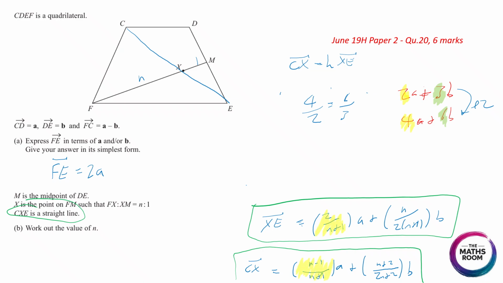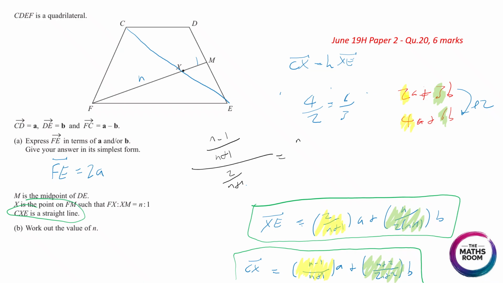I'm going to set n minus 1 over n plus 1 divided by 2 over n plus 1. I know that it has to be equal to, as illustrated previously, this coefficient, n plus 2 over 2n plus 2, divided by this here, guys. That is what I need, so I'm going to find n.